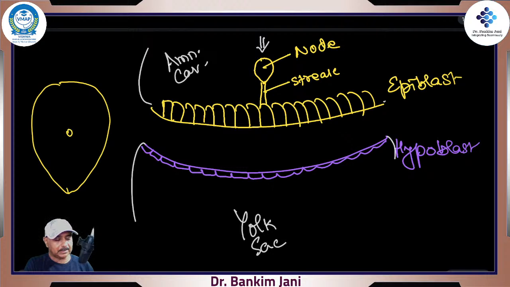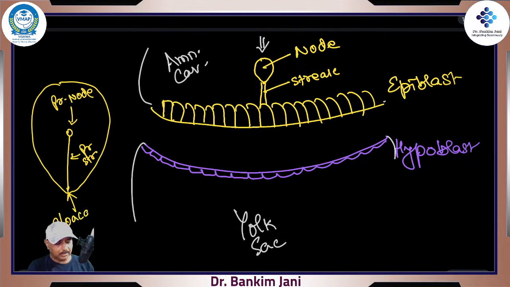So this is the caudal half. That one would be the primitive node. So I'm writing primitive node, and this one would be the primitive streak. This end would be the cloacal end.